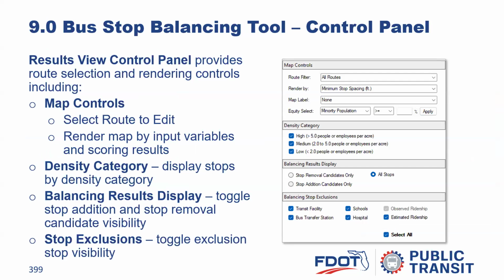Okay. All right, so here are the map controls. So just so you know, here is the control panel. So here's the map controls where you select a route to edit. You can render the map by input variables and scoring results. You have the labels. You can also do an equity select where minority population is greater than a certain percentage and hit apply, and it will select those stops.